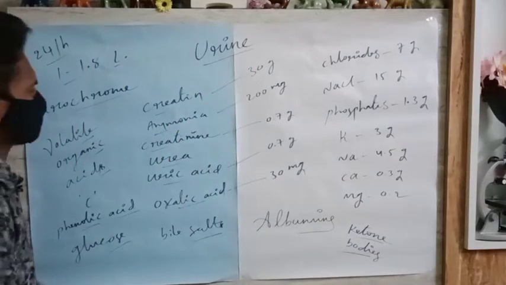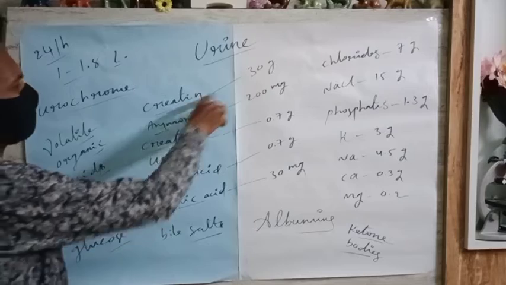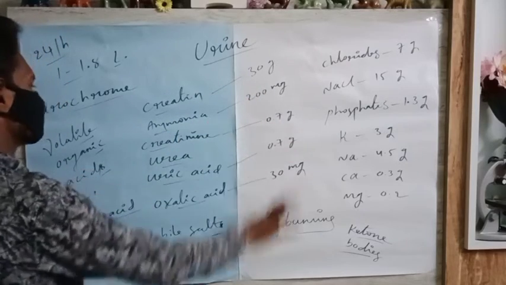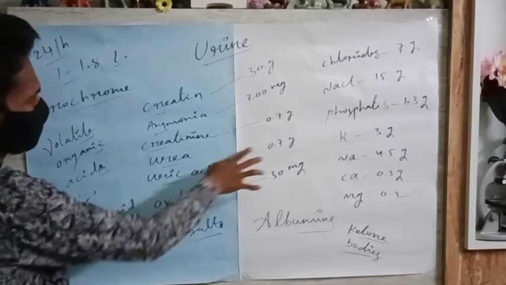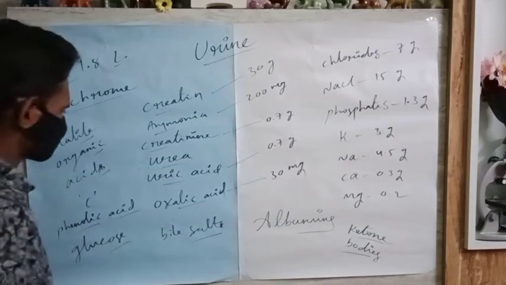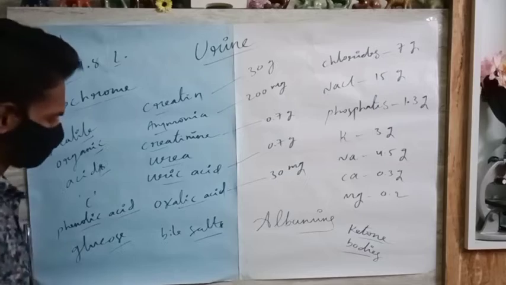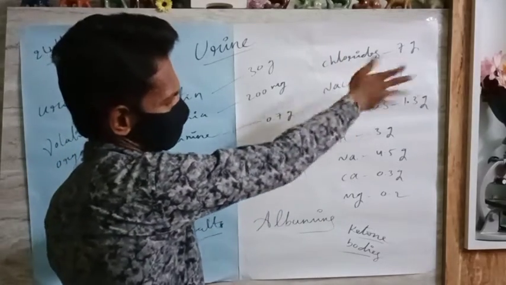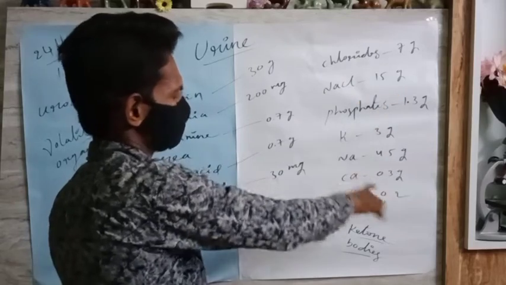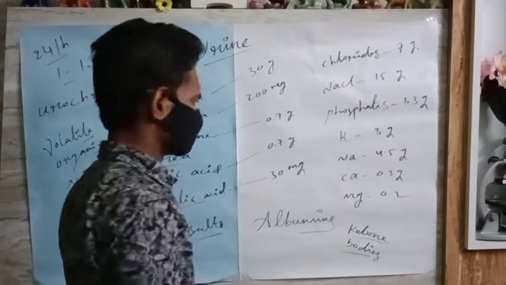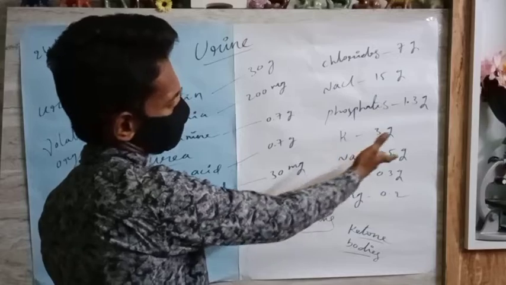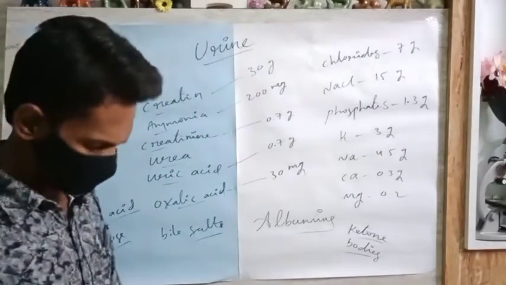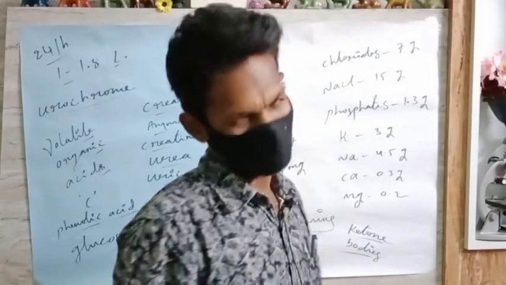Coming to the percentages in the urine: creatine 30 grams, ammonia 200 milligrams, creatinine 0.7 grams, and urea and uric acid around 0.7 to 1 grams, oxalic acid approximately 30 milligrams, chlorides 7 grams, sodium chloride NaCl 15 grams, phosphates 1.3 grams, potash 3 grams, natrium, that is sodium, 4.5 grams, calcium 0.3 grams, and finally magnesium 0.2 grams.